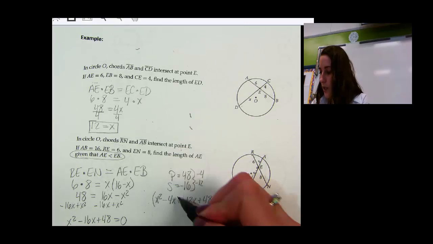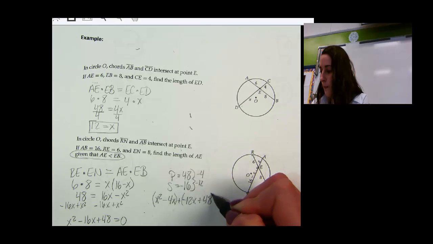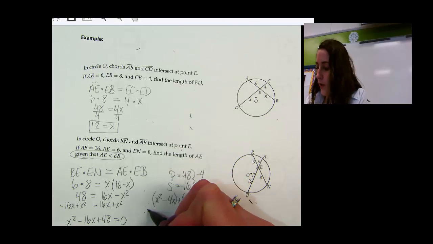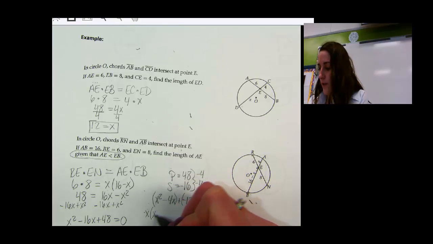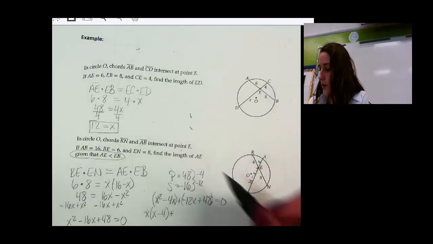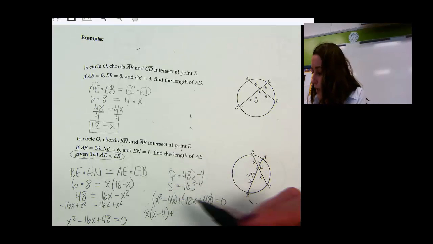So now I'm going to go ahead and take a look at each one separately. So I can factor, GCF here is going to be an x. So I'm still going to have x minus 4 plus, take a look here.